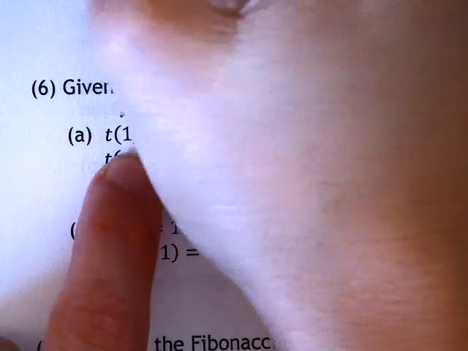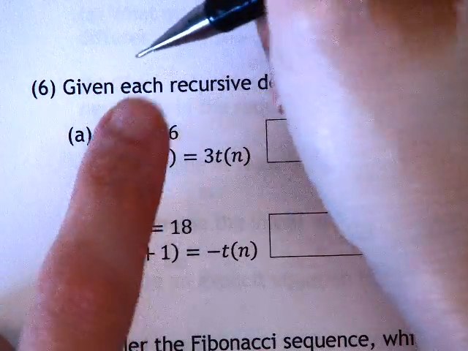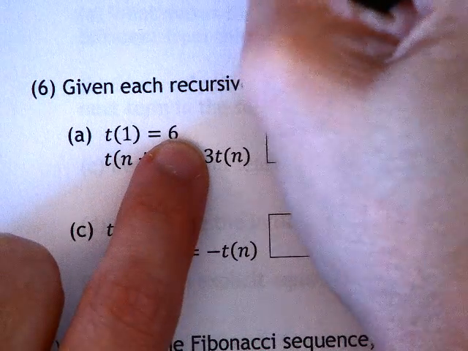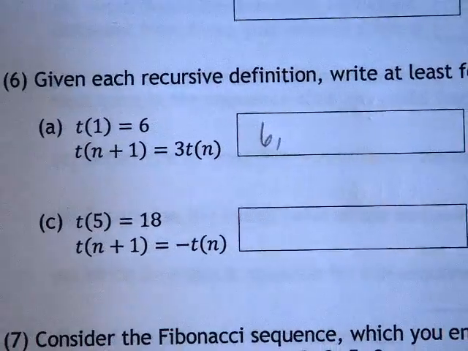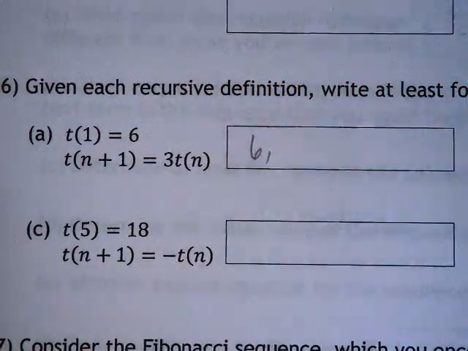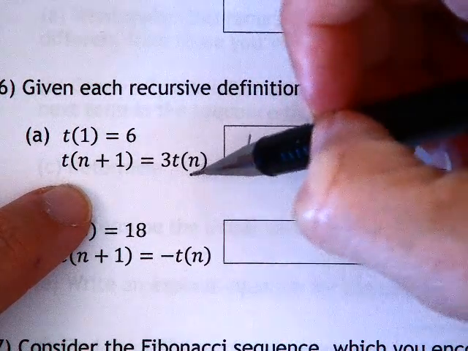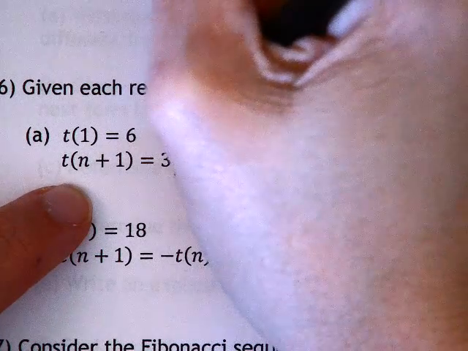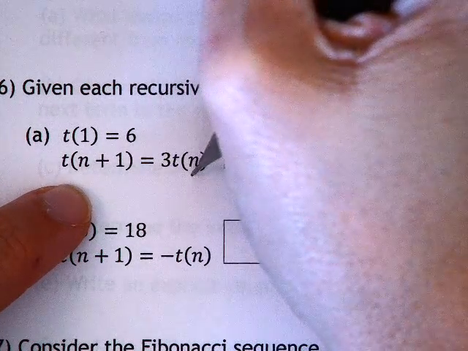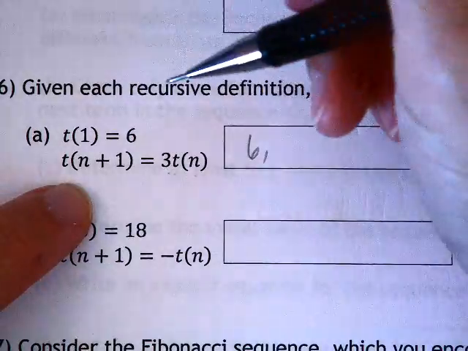So this one tells us that T of 1, so the first term, is 6. So I'm going to kickstart my list of terms with a 6 because I know for sure that's happening. The n+1 equation, the recursive equation, tells me what to do afterwards. So if I translate this thing, it looks like this is taking the T of n and multiplying by 3.